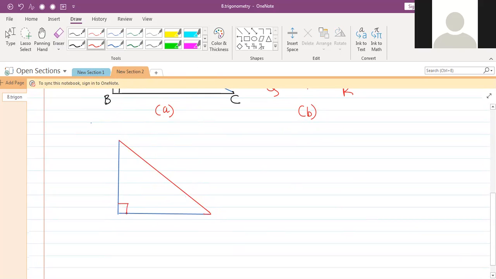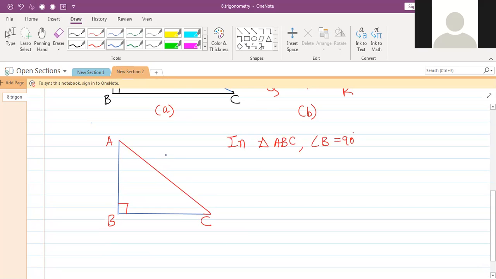So here I consider triangle ABC, in which angle B is 90 degrees. So AC is the hypotenuse, because side AC is opposite angle B.